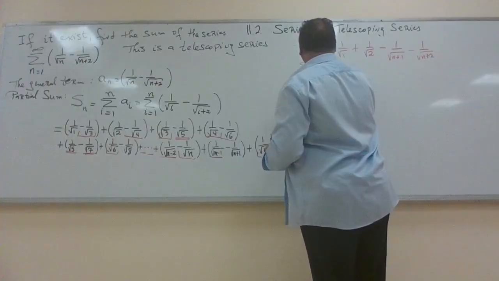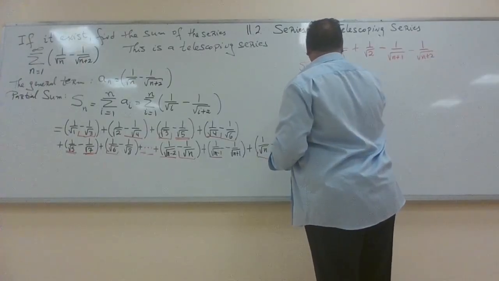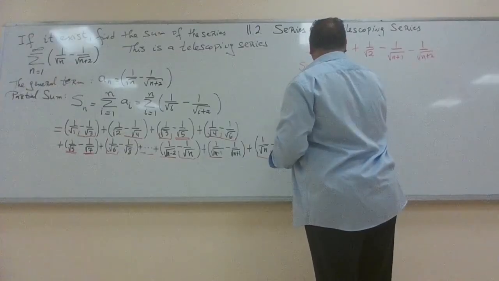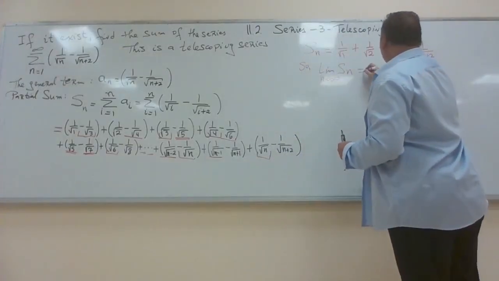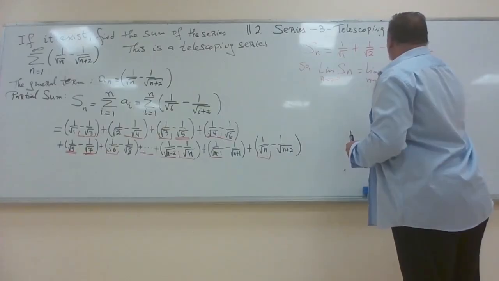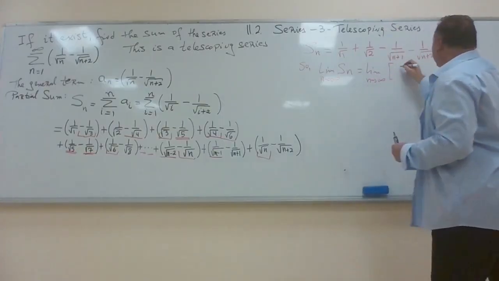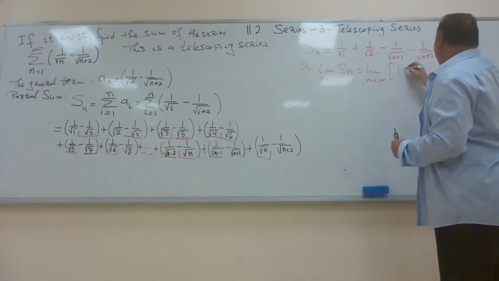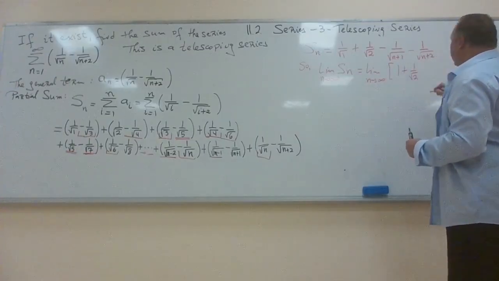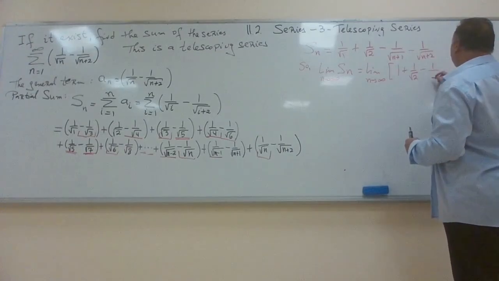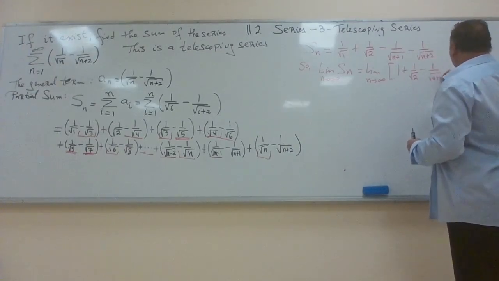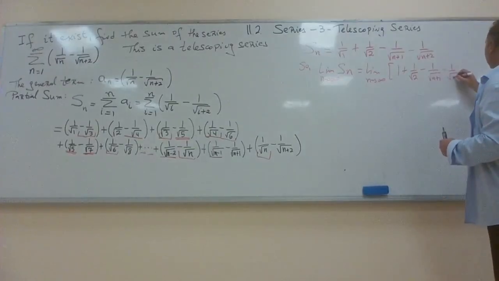So the limit of Sn, so the partial sum, when n goes to infinity, is equal to the limit of this expression. So I'll just copy everything. So 1 plus 1 over radical 2 minus this term and this term.